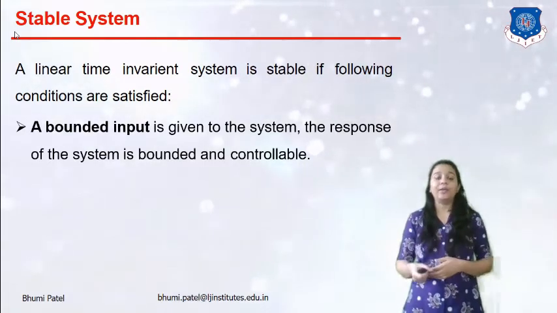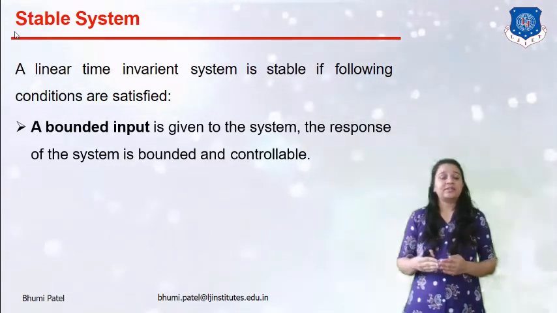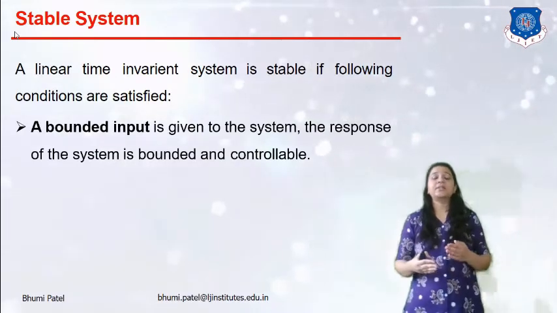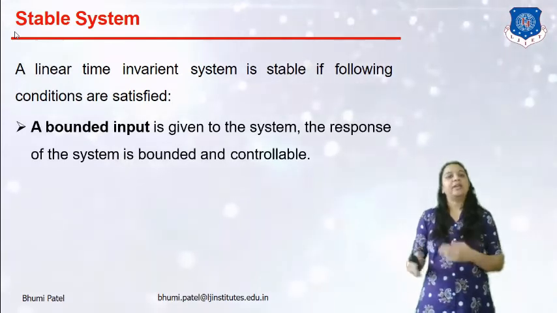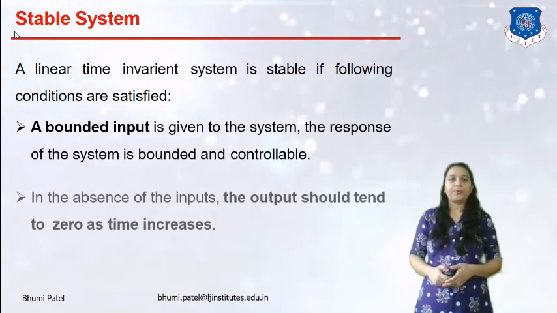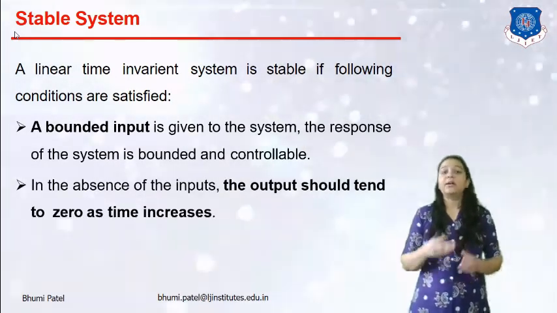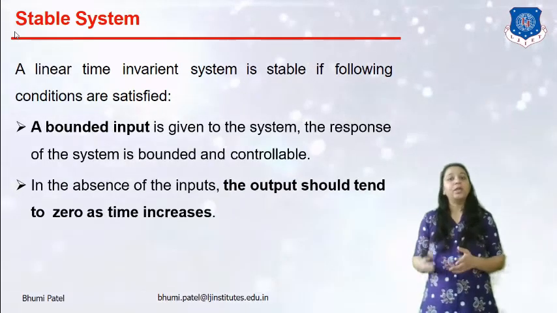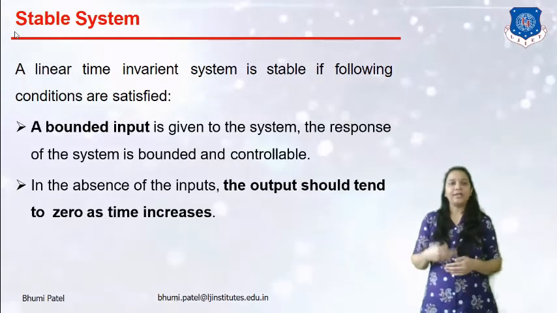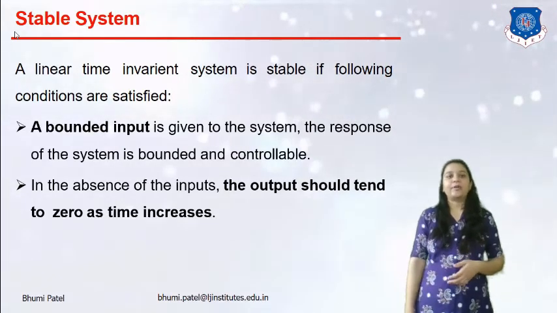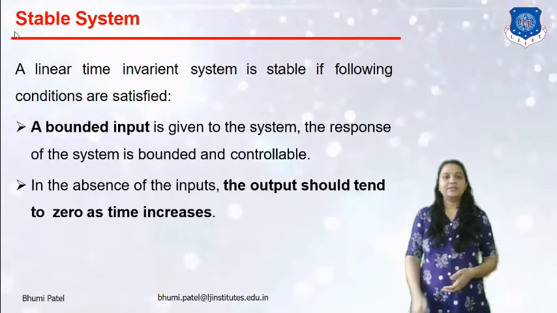So whenever the system is stable, it compulsorily obeys the BIBO law: for bounded input we get bounded output. And the next condition is, in the absence of input, the output should tend to 0 as time increases. This type of system is known as the stable system.